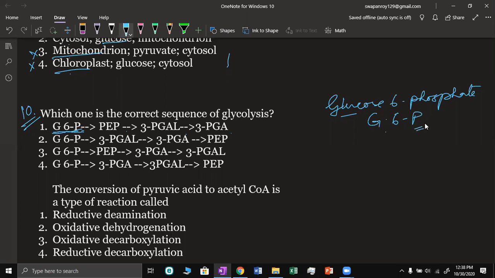So this is G. And what is PEP? You have learned PEP in photosynthesis also. In photosynthesis glucose is synthesized, and in glycolysis glucose is broken down.